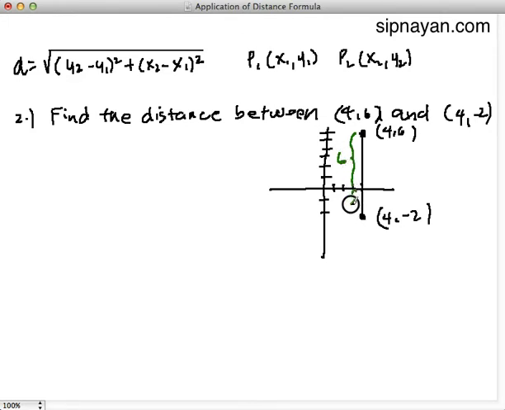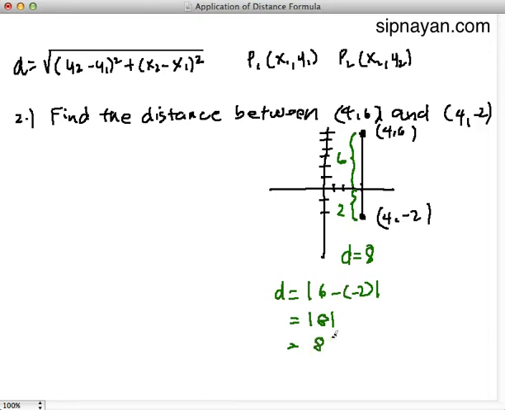And dito, we have 2 units. So obvious na ang distance between this point and this point is equal to 8. And this can also be verified using the absolute value of the difference of the y coordinates. So d equals absolute value of 6 minus negative 2, which is equal to absolute value of 8, which is equal to 8.